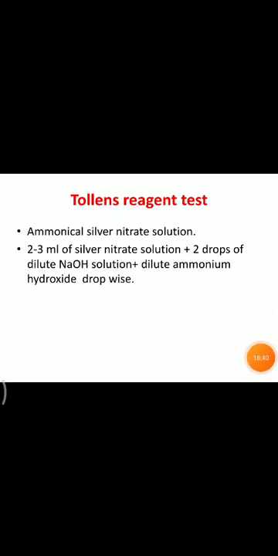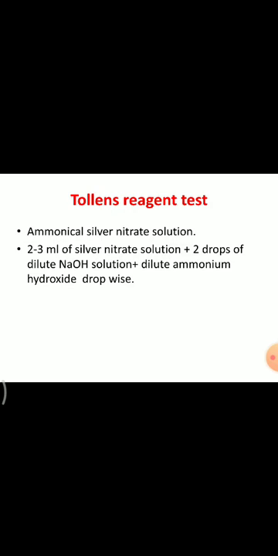Now add dilute ammonium hydroxide dropwise till the precipitated silver hydroxide is almost redissolved. Now add to it a pinch of the compound and warm on the water bath. Generally this silver mirror is formed if an aldehyde is present in the given compound.